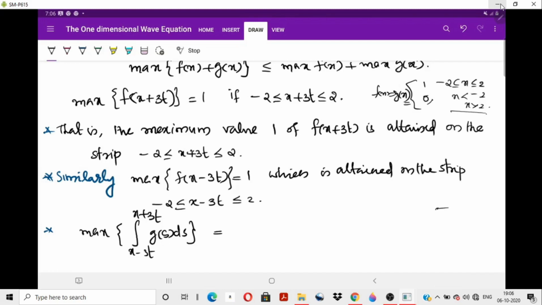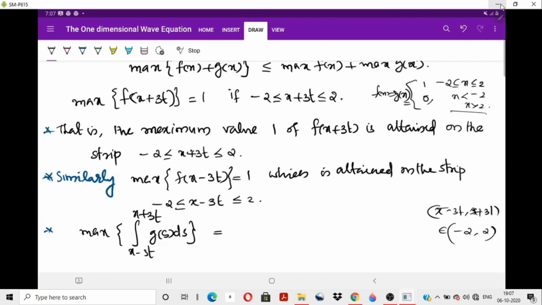That is, x minus 3t to x plus 3t belongs to the open interval minus 2 to 2. Only then can we split, or write it as the sum of these intervals.